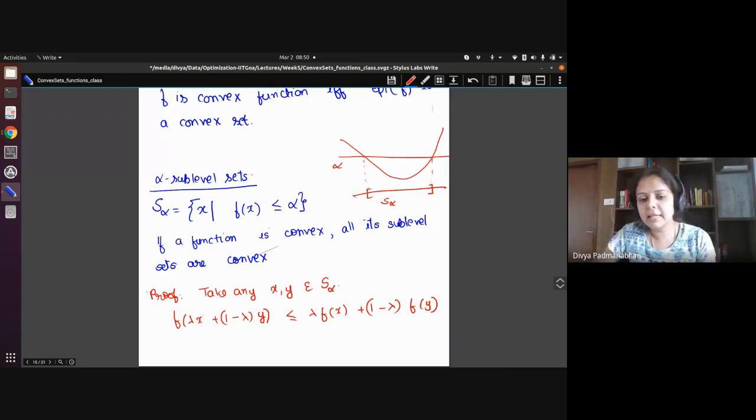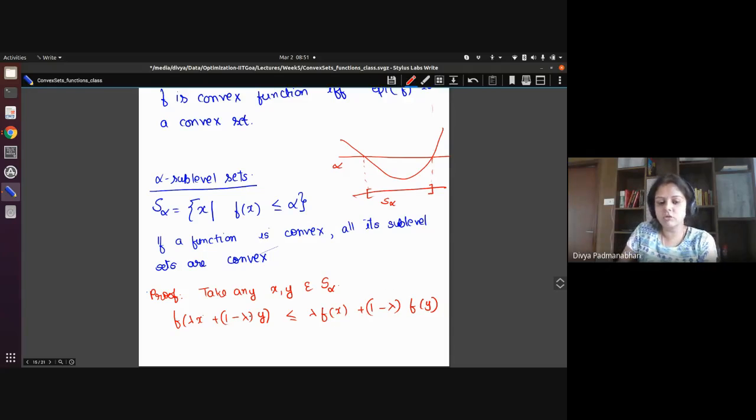It turns out that if a function is convex, then all its sublevel sets are convex. This is a sublevel set for a particular value of alpha. So if a function is convex, then for every alpha, the sublevel set is convex. The proof is again just by the definitions. If you take any x, y in S alpha, then f of lambda x plus 1 minus lambda y is less than or equal to lambda f of x plus 1 minus lambda f of y.